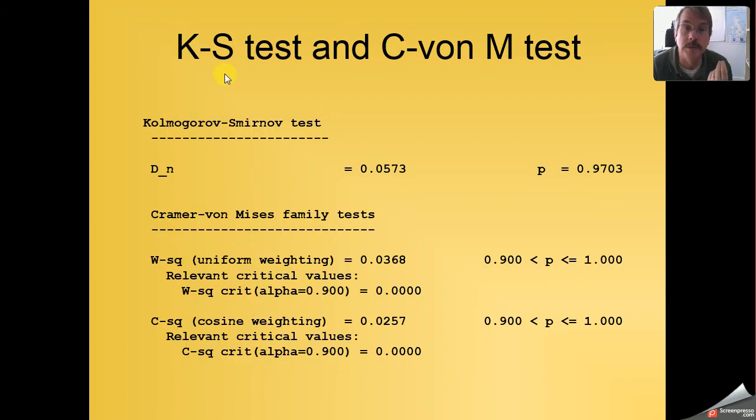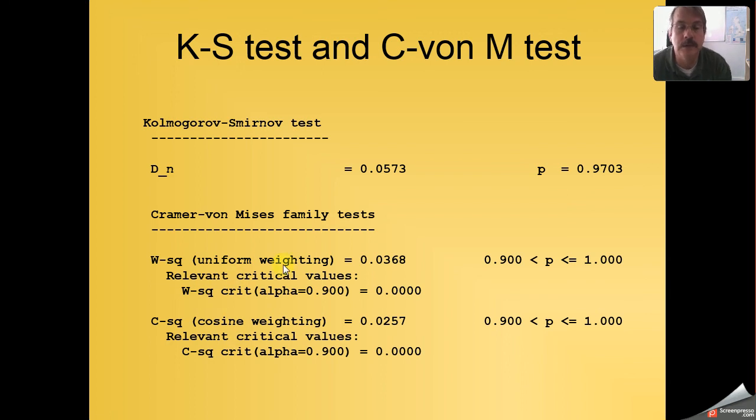So program Distance computes both the Kolmogorov-Smirnov test and an associated p-value that suggests there's very little evidence to suggest this model is inadequate. It also computes the Cramér-von Mises test, and it computes that test in two forms.